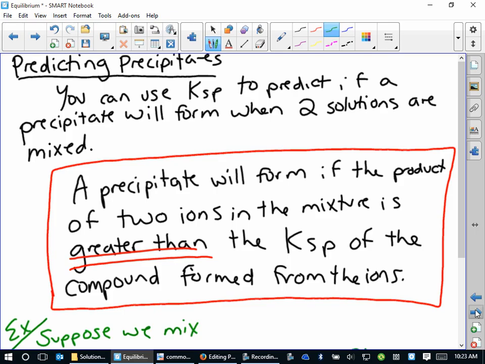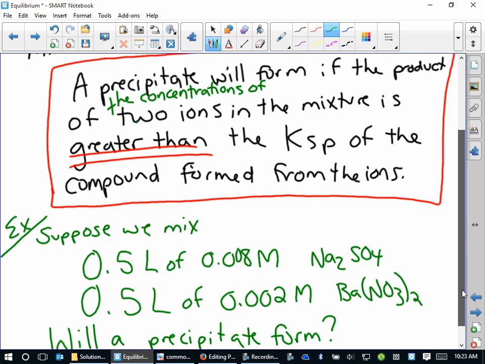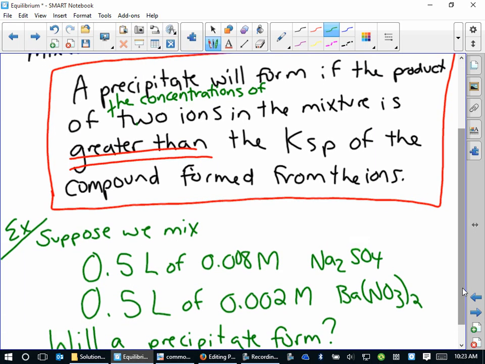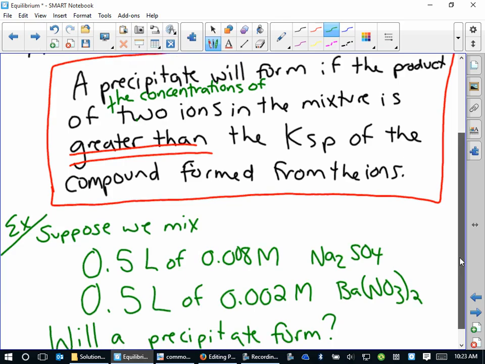A precipitate will form if the product of the concentrations of 2 ions in the mixture is greater than the Ksp of the compound formed from the ions. Okay? So we're looking for the product to be greater than the Ksp.